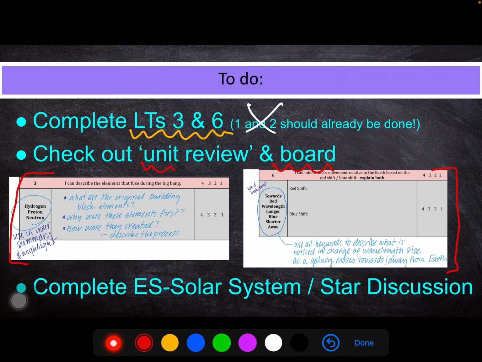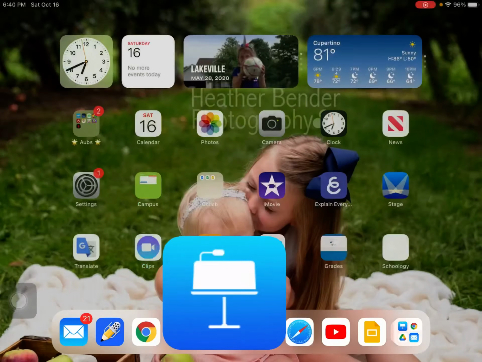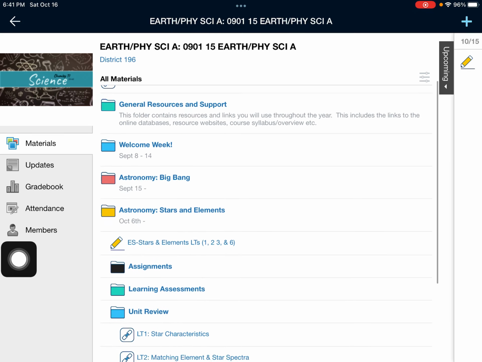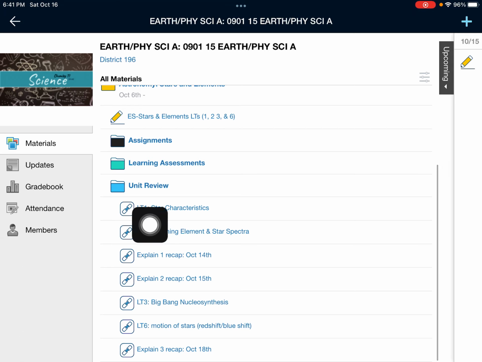And you can also find some resources in the unit review folder. So I wanted to show you that. On Schoology, down here in our current unit, there's this unit review folder, which includes videos on learning target 1 and 2 in case you need a recap or help completing those learning targets. Here are 2 new videos, learning target 3 and 6, to help you out.